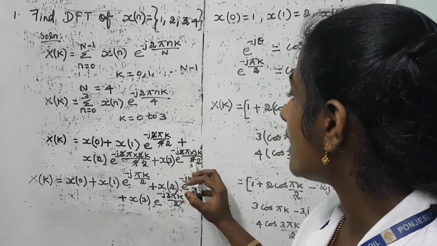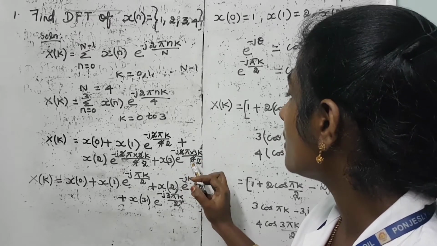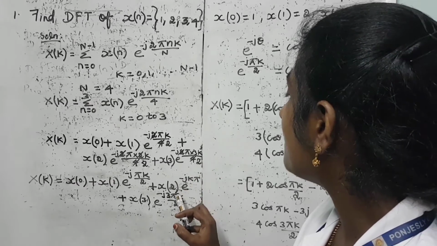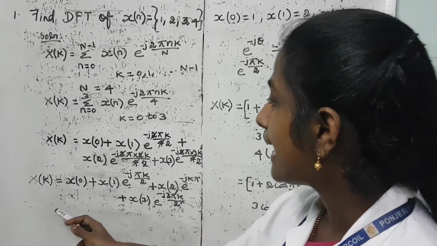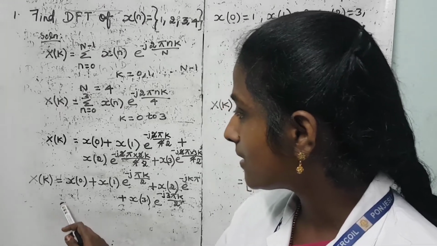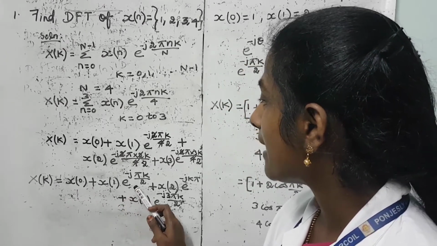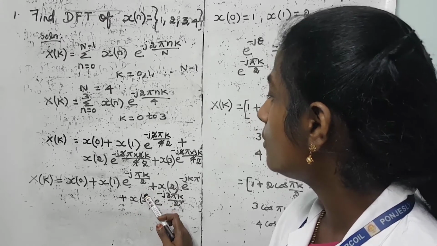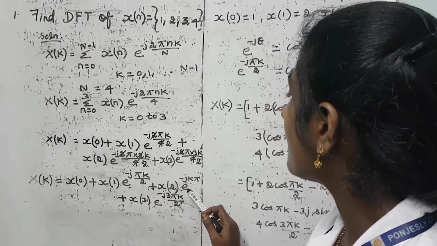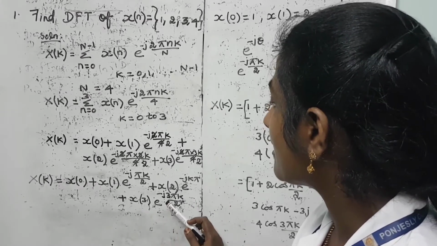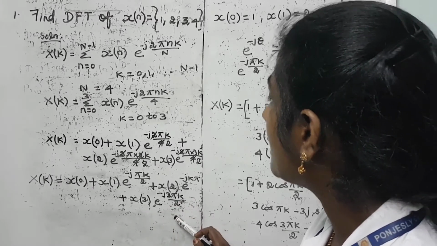So this 2 and 4 will get cancelled, so you will get e power minus j k 3 pi divided by 2. So you can write it as X of k is equal to x of 0 plus x of 1 into e power minus j pi k divided by 2 plus x of 2 into e power minus j k pi plus x of 3 into e power minus 3j k pi divided by 2.